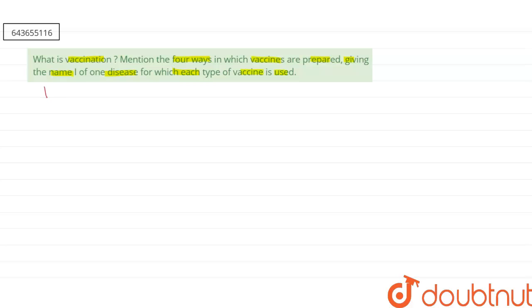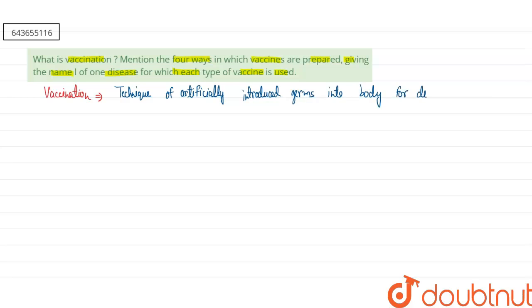So here, firstly, if you are talking about our term, that is vaccination. Vaccination can be defined as the technique, or the practice, of artificially introducing germs into the body for developing resistance.